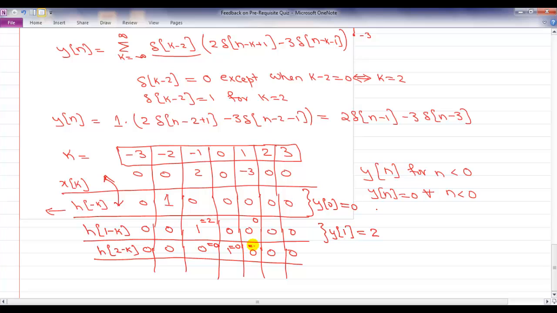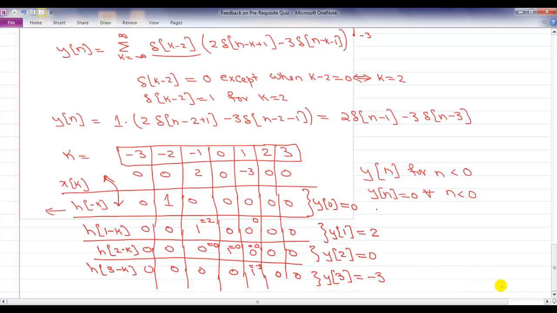Minus 3 is getting multiplied by 0, I get 0. Effectively, y of 2 is 0. I can compute y of 3 minus k, which will require shifting it further to the right. So 0, 0, 0, 1, 0, 0. Again, all the terms will be 0 except this term will be minus 3, and I add them all up. I get y of 3 equal to minus 3.